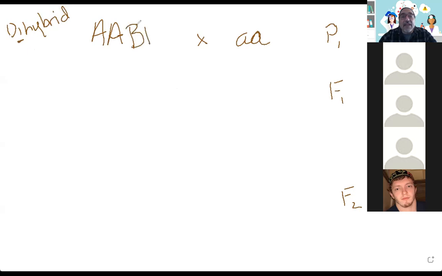And in this case, we've got the double homozygous dominant and the double homozygous recessive.